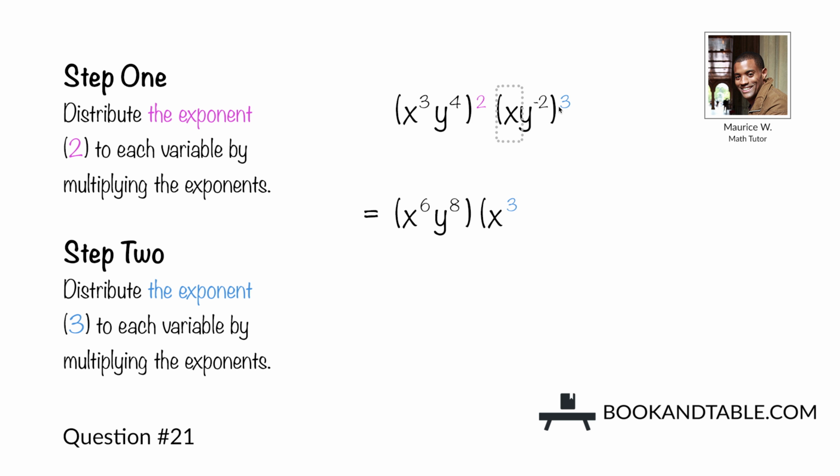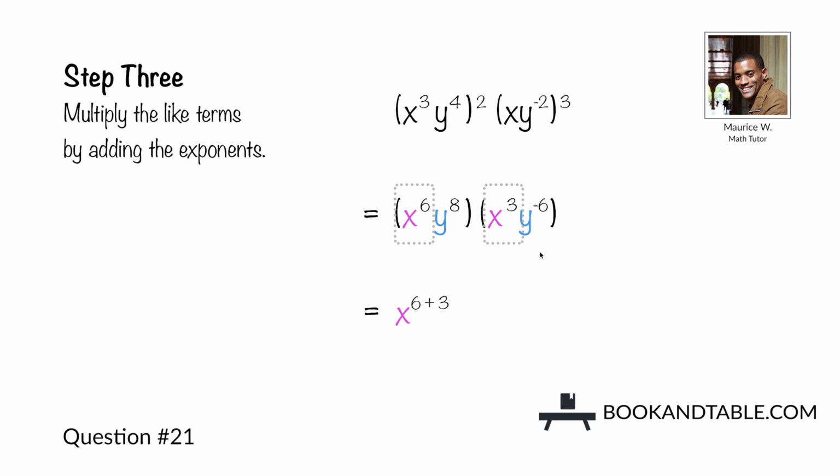Then step 2, we distribute this exponent, positive 3, to each variable inside these parentheses by multiplying the exponents. For x, the exponent is 1, so 1 times positive 3 will give us 3. For y, we have y to the negative 2 to the power of 3, so that becomes y to a power of negative 6. So now we can multiply these two terms. We multiply the like terms, our x's and our y's, by adding their respective exponents.